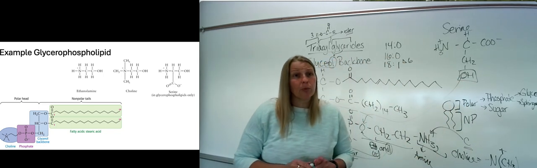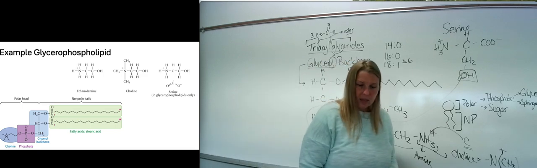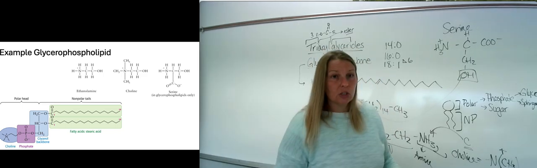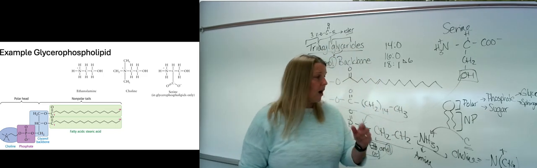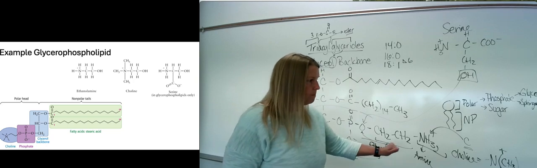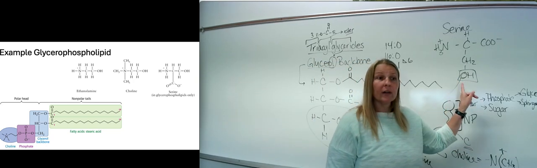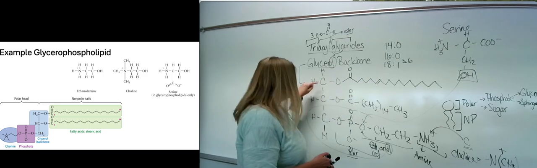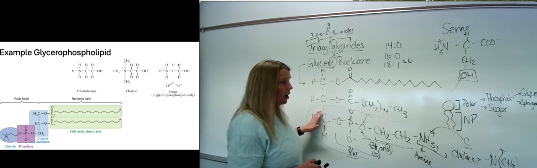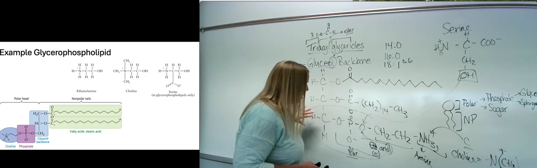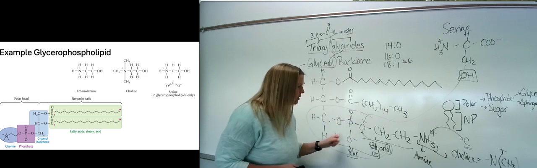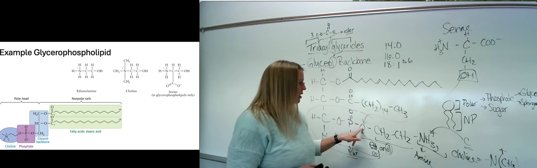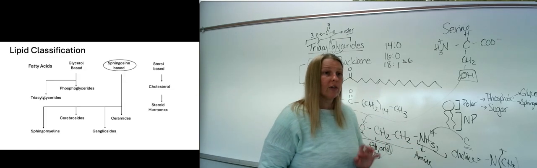So you should get some practice with drawing these particular glycerophospholipids. Those are the 3 combinations that you can have: ethanolamine, choline, or serine. And then you should be able to draw the fatty acid tails on these 3 carbons. So there's 3 carbons, 2 have fatty acid tails, 1 has a phosphate, always the same, and then an oxygen here connected to the rest of whatever that group may be.